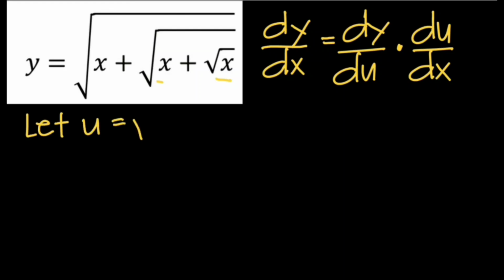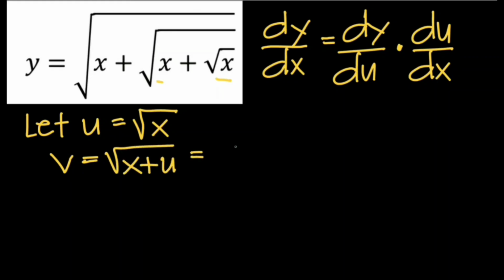be equal to the square root of x, and then let's say v equals the square root of x plus u, which is simply the square root of x plus square root of x.